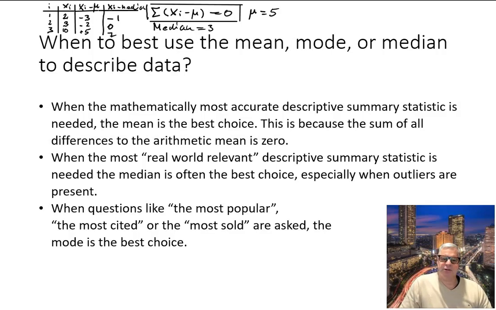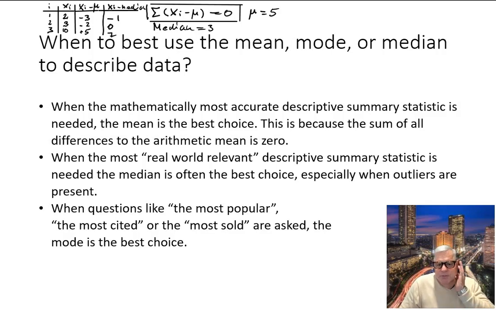So in sum, when the mathematically most accurate descriptive summary statistic is needed, the mean is the best choice. And this is again, the sum of all differences to the arithmetic mean is 0. That's what I try to illustrate here. But when we ask what is the most real-world relevant descriptive summary statistic, the most representative, and especially when outliers skew the distribution, then the median is the best choice.